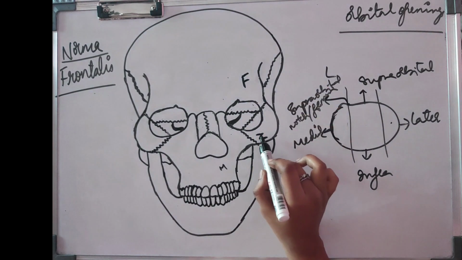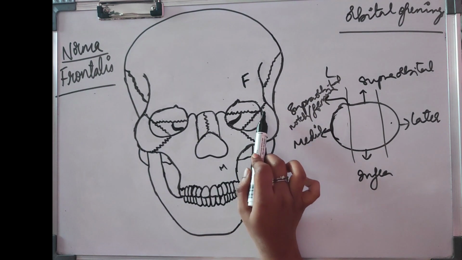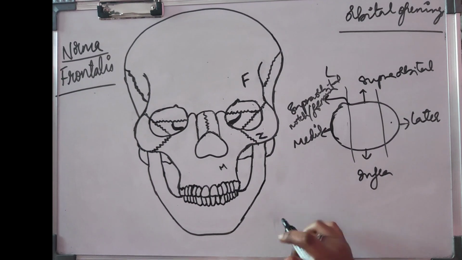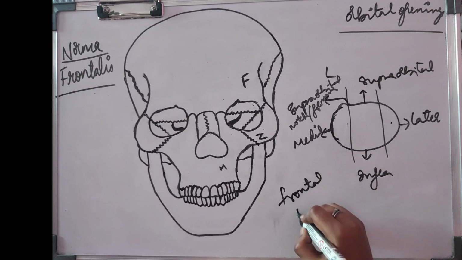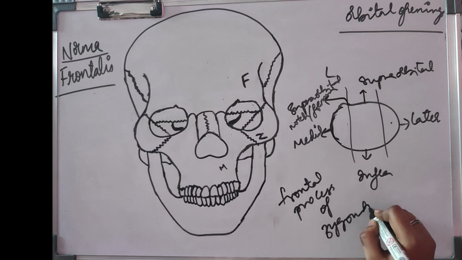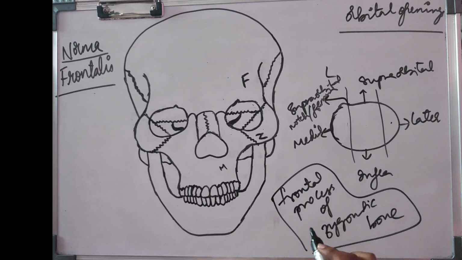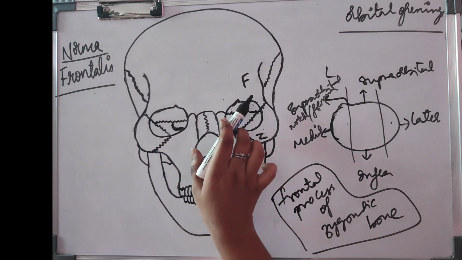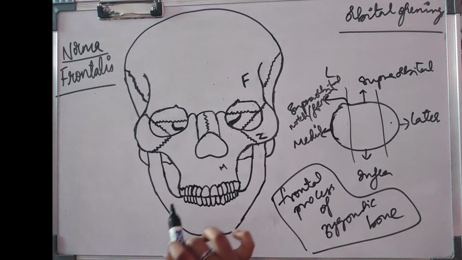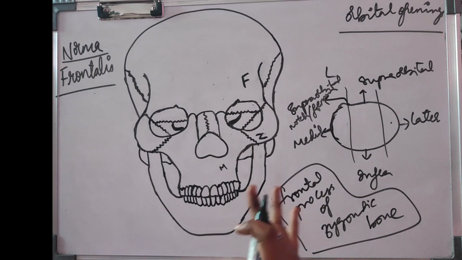So the projection of the zygomatic bone towards the frontal bone is known as the frontal process of the zygomatic bone. And the projection of the frontal bone towards the zygomatic bone is known as the zygomatic process of the frontal bone.